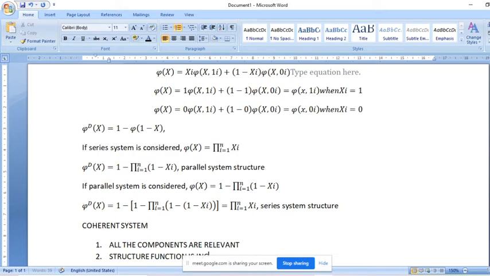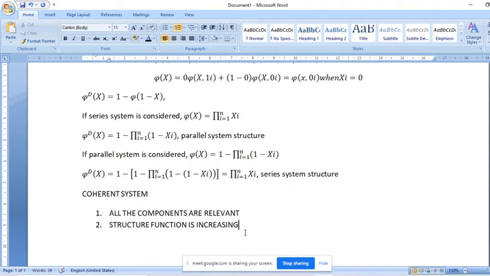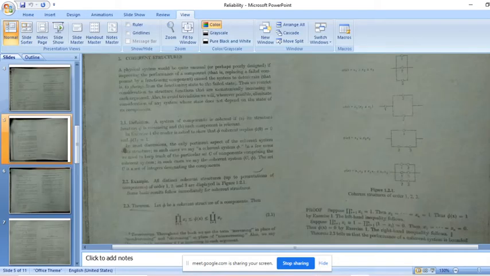Is increasing. Okay. So what is it when we say increasing or relevant? Relevant we have discussed. What is it when we say increasing? You know the concept of increasing.